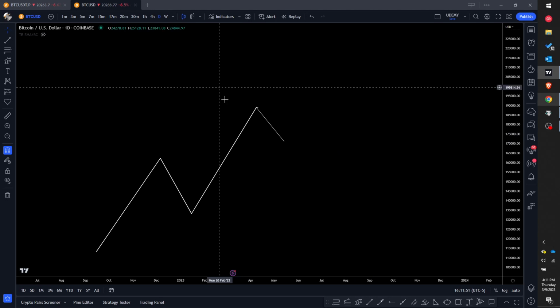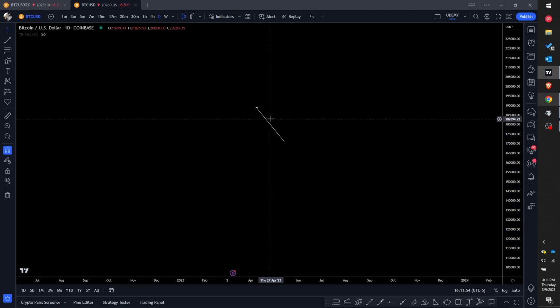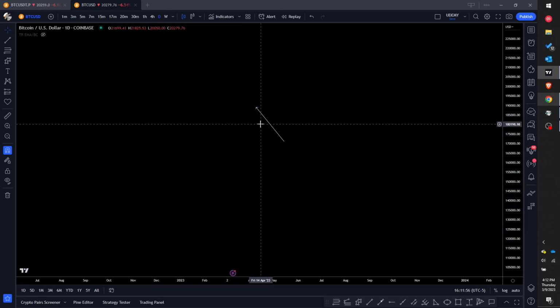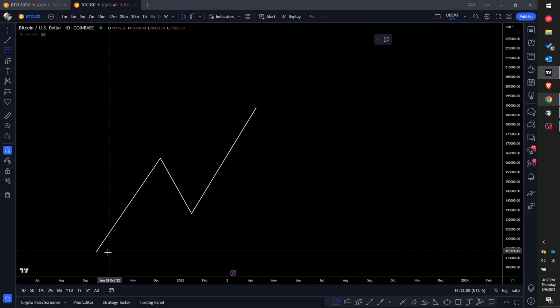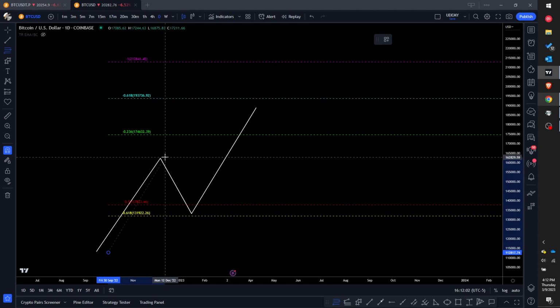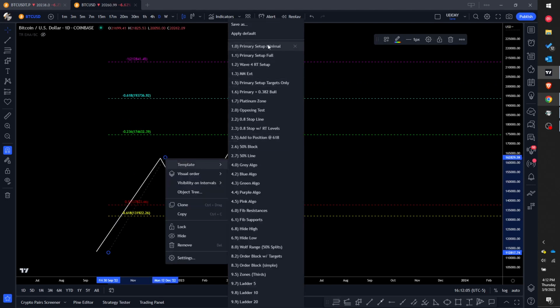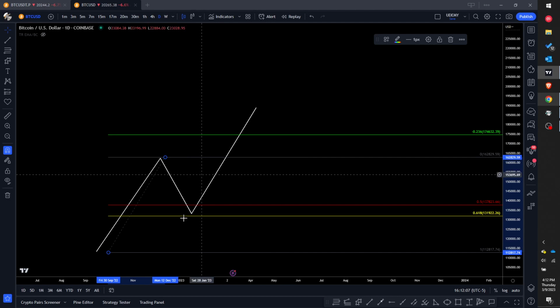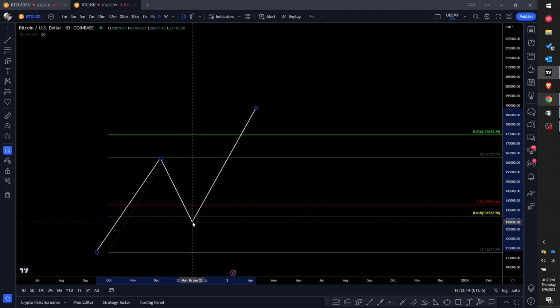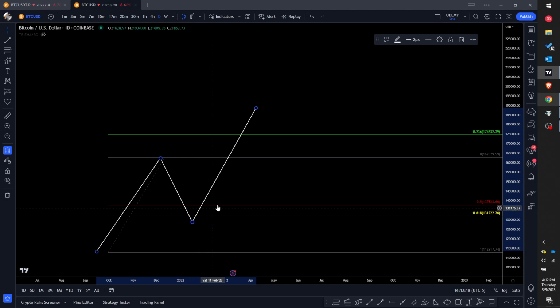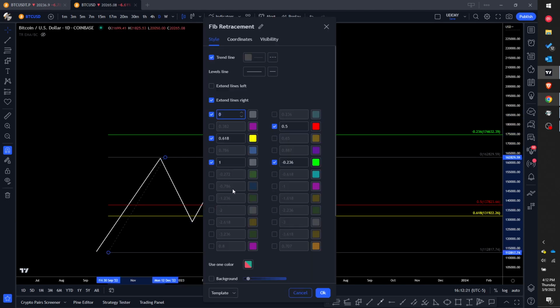His contribution to this was that he realized if we take the standard that Halsey set up, that in Bitcoin or in crypto, he was finding that this often broke just below the 0.618. And it was breaking to often the same point, and that point was the 0.65.